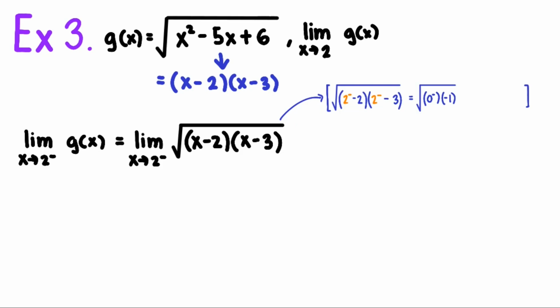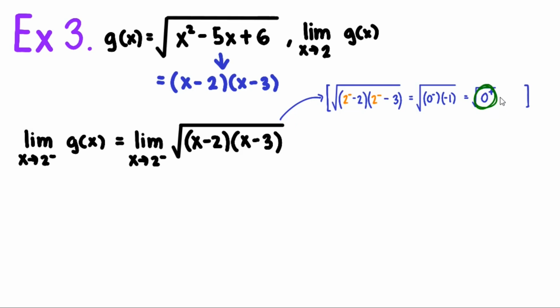Take note of this one. This is important. In here, we have a negative value. And we also know that the values from the left of 0, or less than 0, are negative. So when we multiply these two, the outcome is positive. Therefore, this is equal to approaching 0 from the positive values, or 0 from the right.